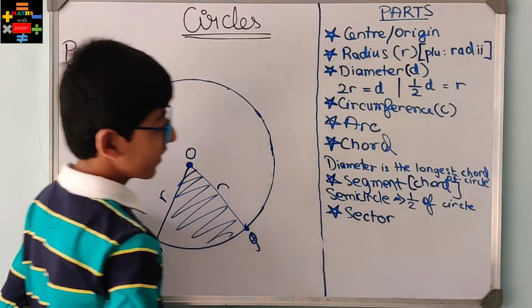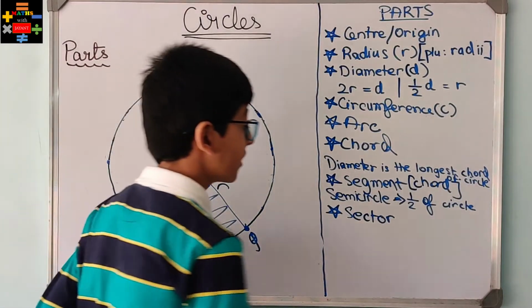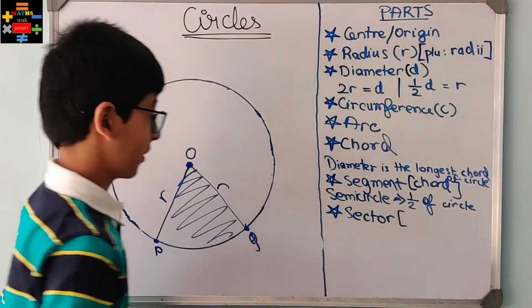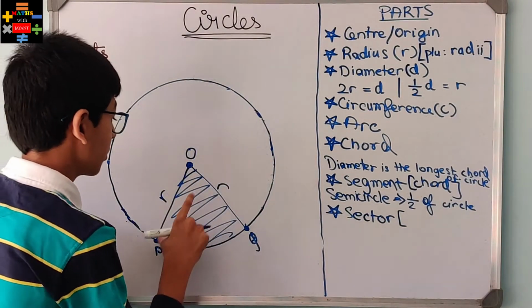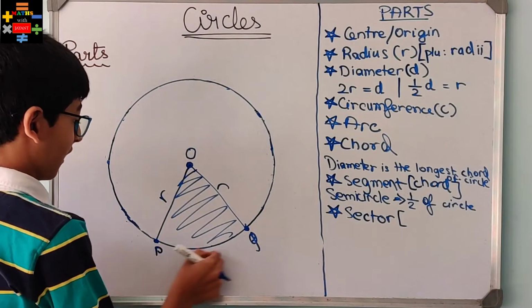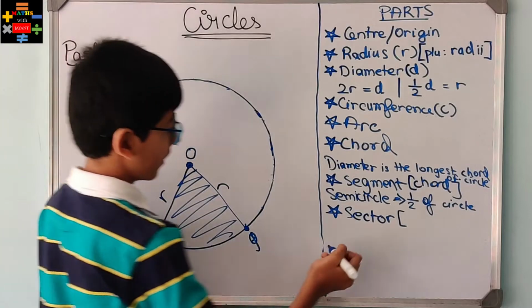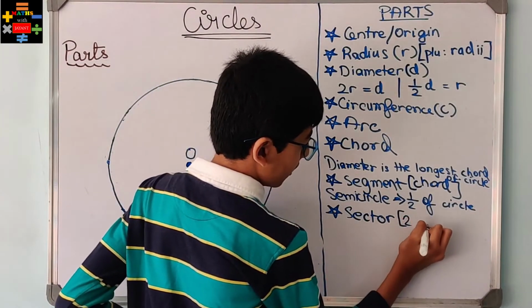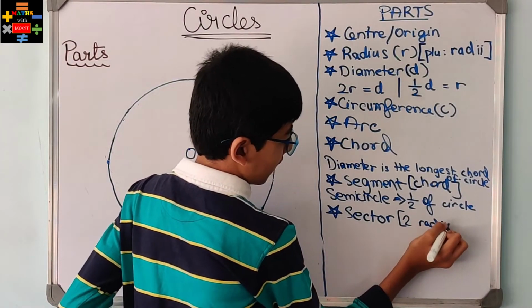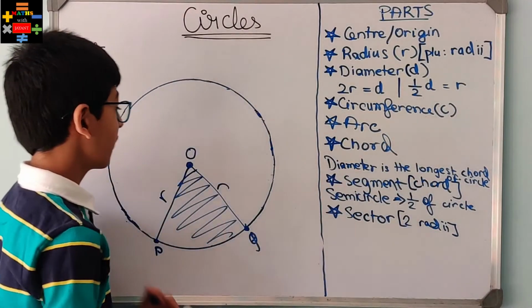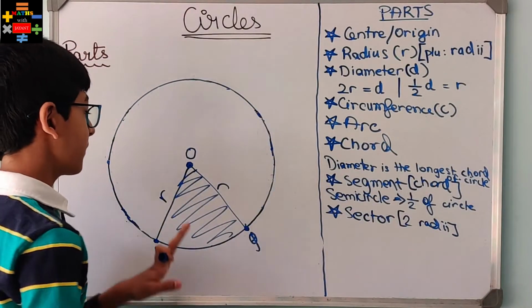S-E-C-T-O-R. Sectors are parts of a circle enclosed between an arc, this PQ, and two radii, right? So over here we use two radii and an arc, and in a segment it is a chord and an arc, right?